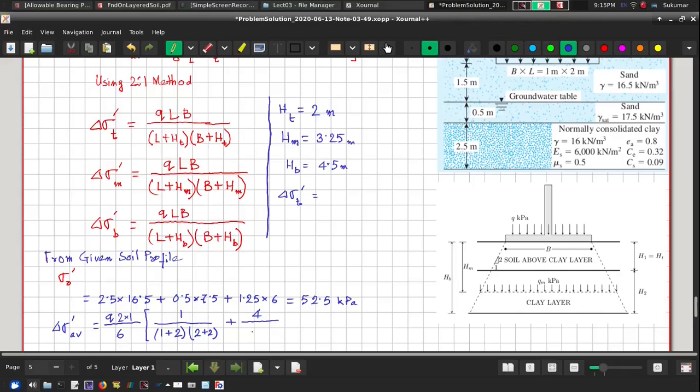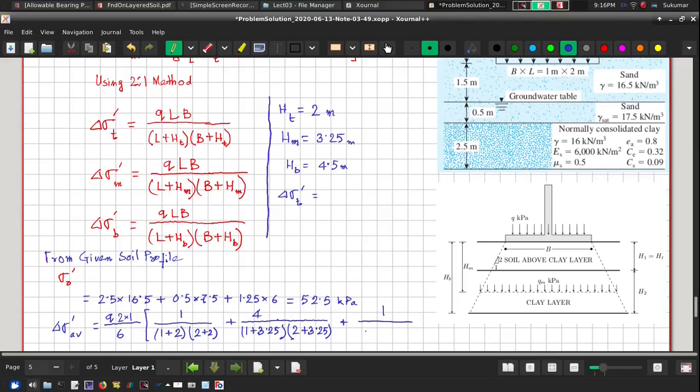HM is 3.25, so 1 plus 3.25 into 2 plus 3.25, all right, plus sigma dash B. I have already taken QL common, so this is 1 upon L plus HB.